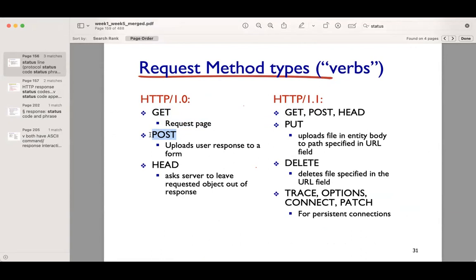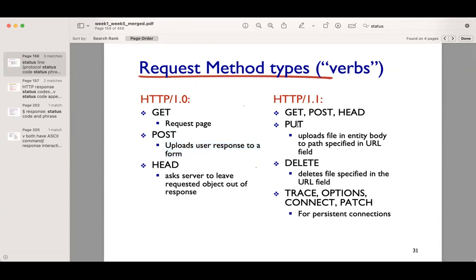For example, POST and GET, what is the difference between them? And if I want to log into the Google server, which method are we using? Yeah, that's correct. We usually use the POST method to upload content to the server, so we usually use the POST method for the login function.